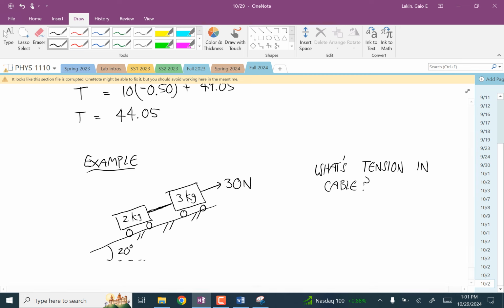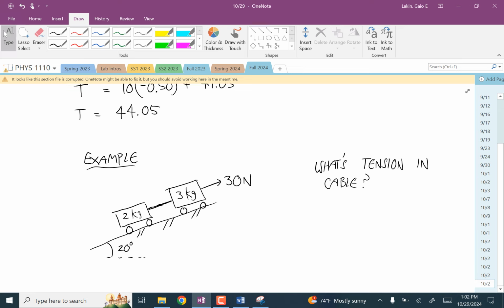There could conceivably be two cables in this question. Like to pull on this, you're probably pulling on some kind of cable. But this one, we already know the tension is 30, so there's not really any ambiguity about what I'm asking here. This is the only one we don't know. Okay.